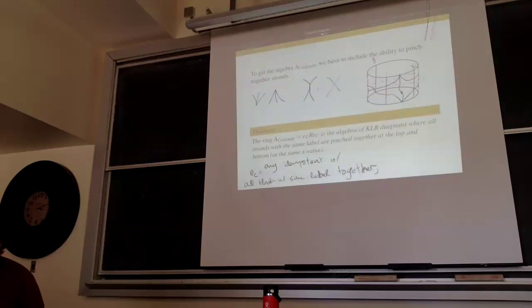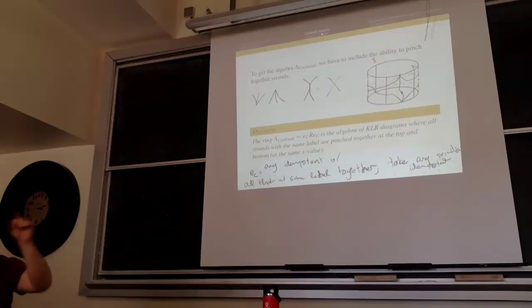So the thing which is special about this distinguished object is that it's the one on which you have no action. And so I take any primitive idempotent, which is a sum of the one where all these guys are together.